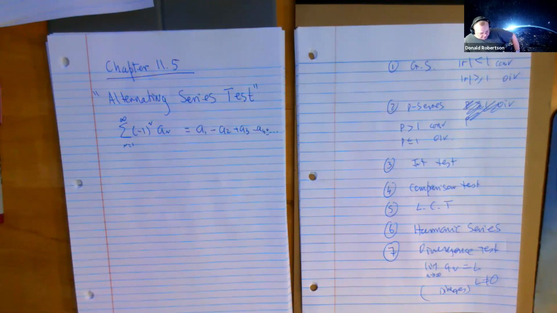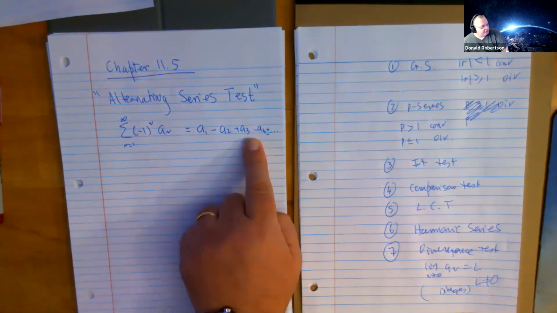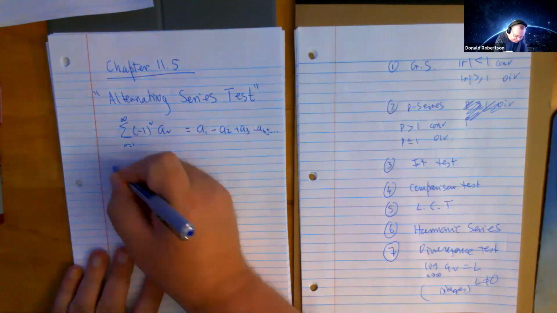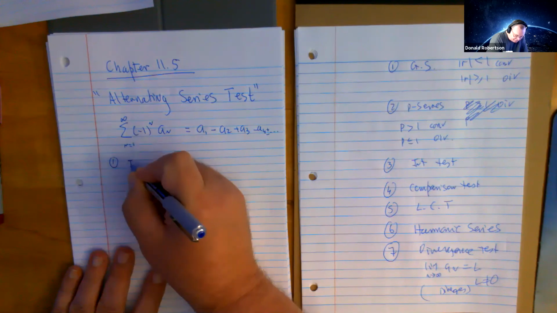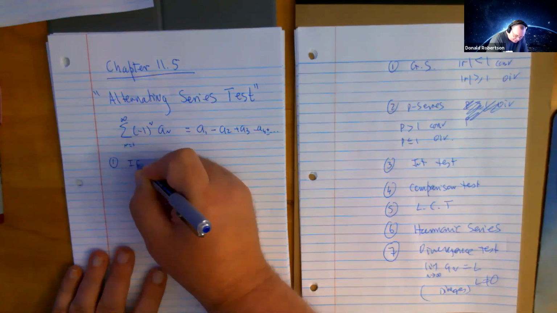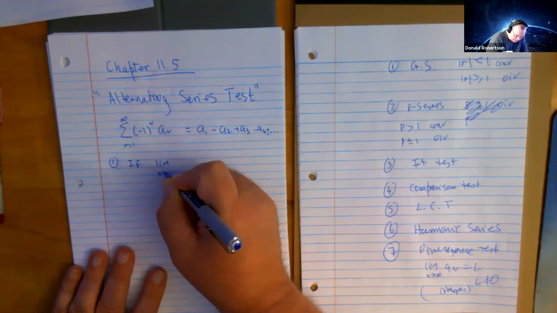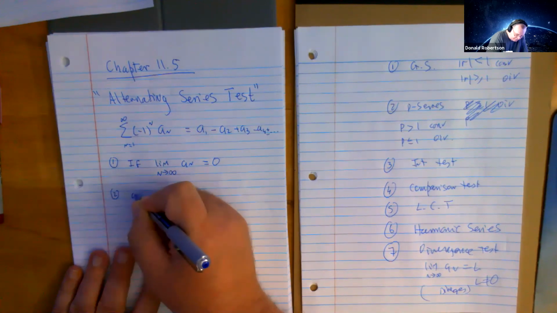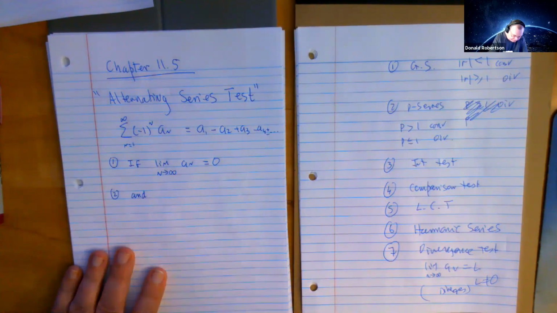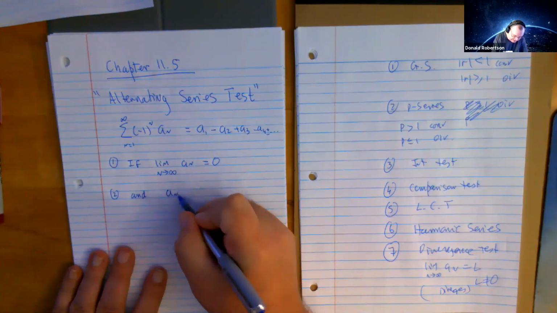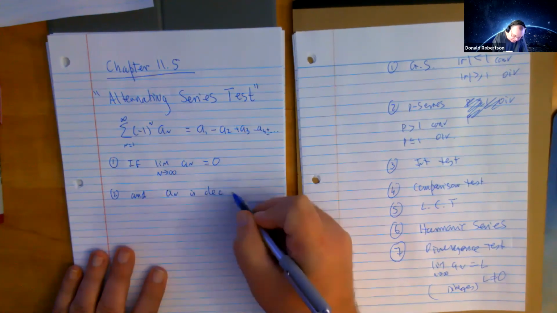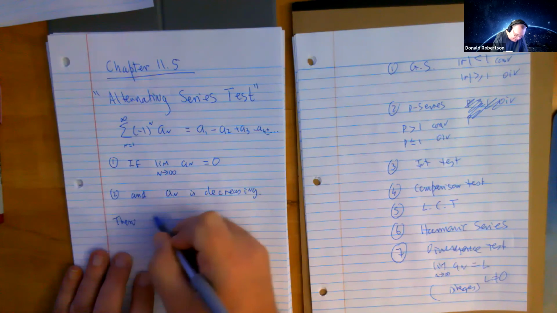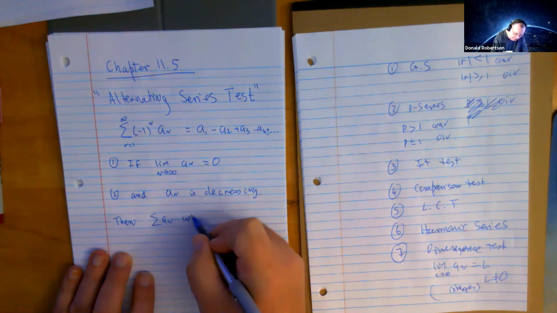If you have a series that's an alternating series, then you only need to prove the following 2 things. First thing, if the limit as n tends to infinity of a_n equals 0. And the second thing, a_n is decreasing. Then the series will converge.